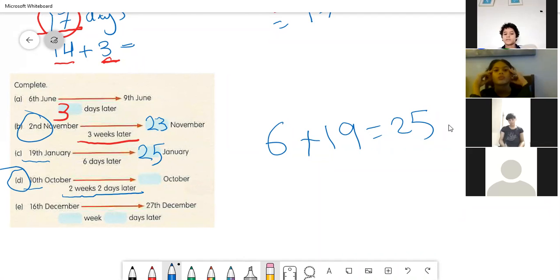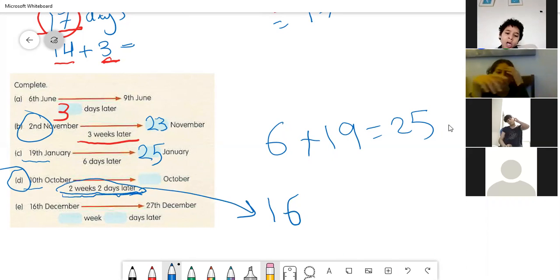In 1 week, how many days? 7. Okay, in 2 weeks, 14, so 14 plus 2 days, 16. So 2 weeks and 2 days means 16, right?